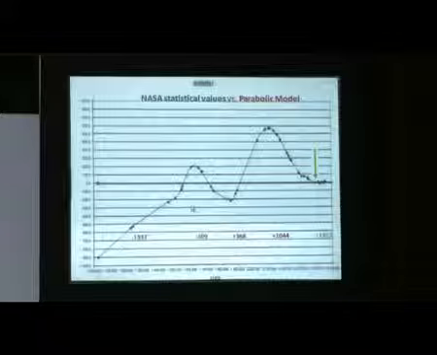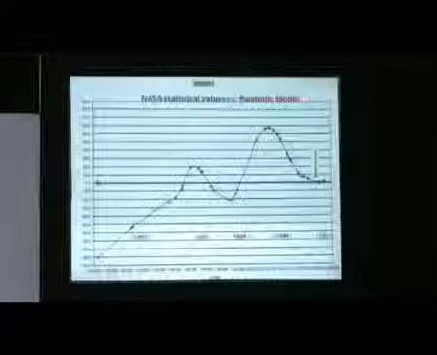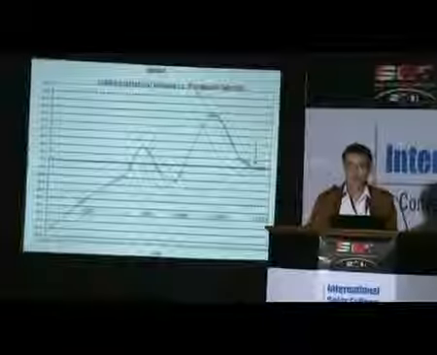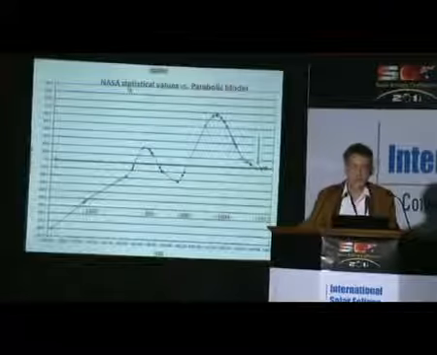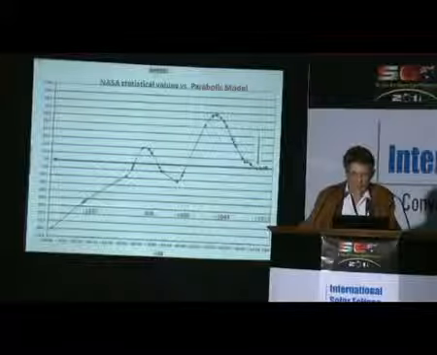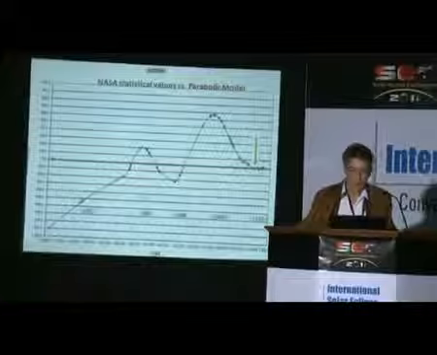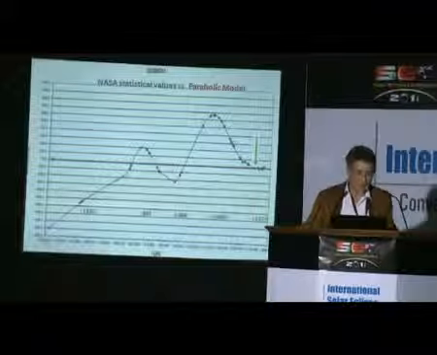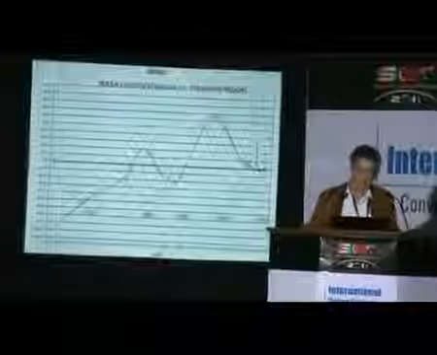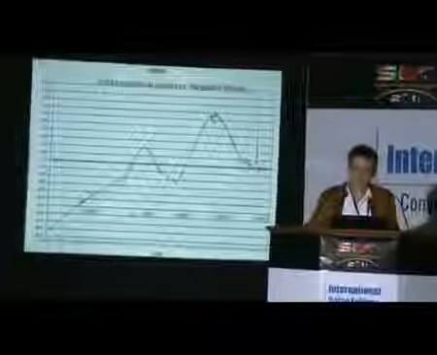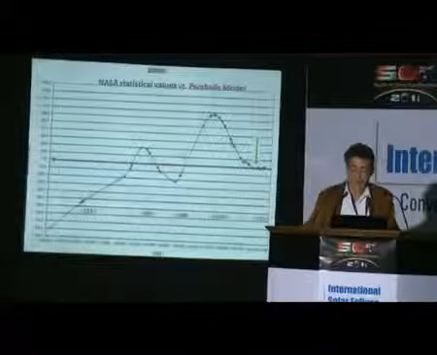Now, what we plotted here is the difference between a parabolic model and the statistical values used by the NASA so far. And we see ups and downs going up to 700, so more than 10 minutes shift from a parabola.